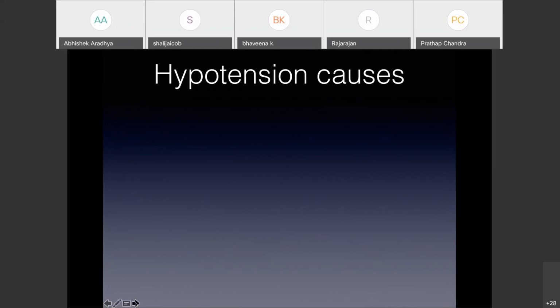In some cases, I think the slide is moving on its own. Abhishek, the slide started moving on its own. All right, so on the other hand, until I get my slides back, I think Abhishek has taken the control.